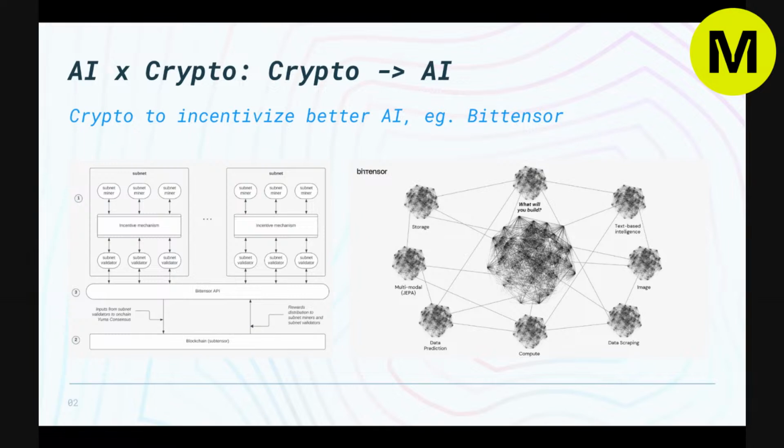That's a different scenario from the previous one of using AI to build better crypto. This one is more about incentivization and the economic structure of crypto, which AI people leverage to build better models and incentivize their participants to interact with the network.